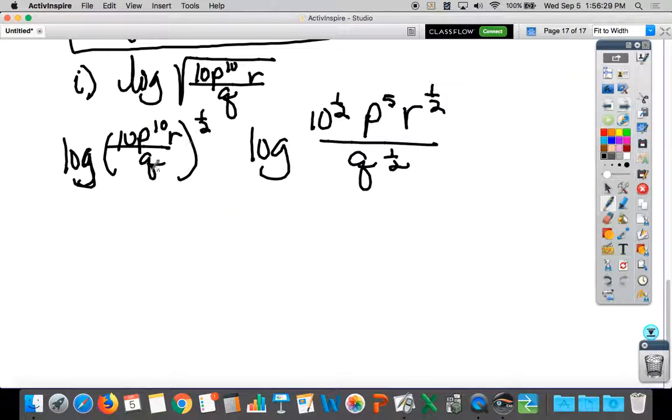Each one of these has their own separate exponent.